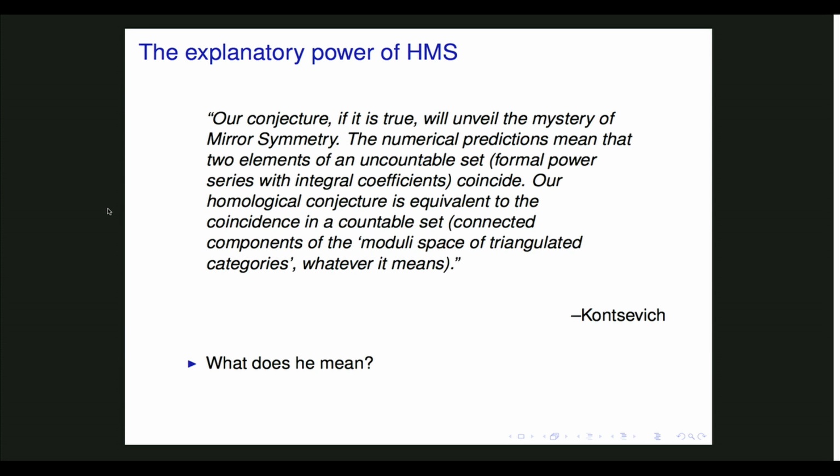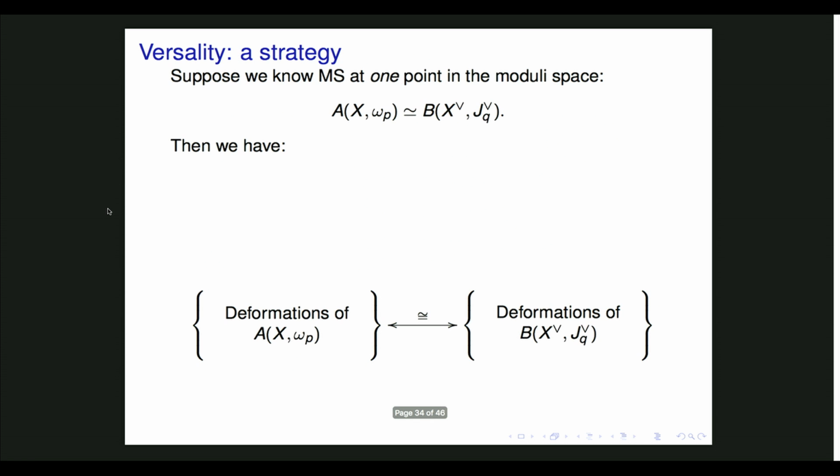So what does he mean? I didn't read this and then say, oh, okay, I'll go think about that. Once you have thought of the idea of versality, then you go back and see, all right, that's what he was talking about. But let me tell you one version of what he's talking about.